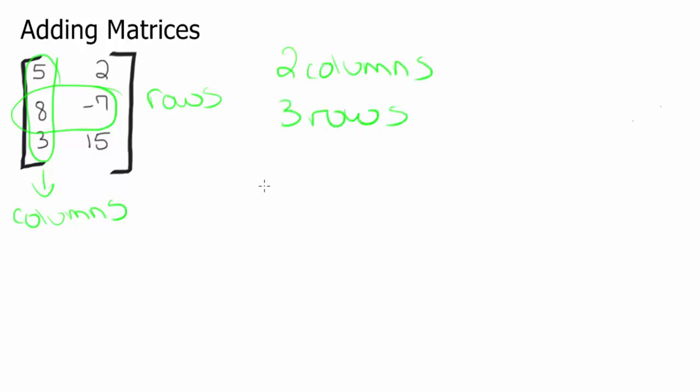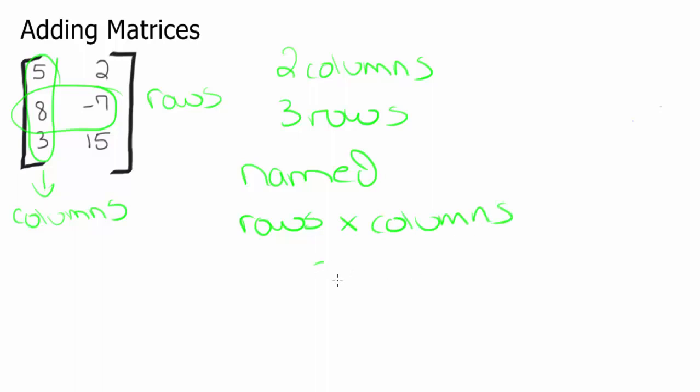They are named rows by columns, so this would be considered a 3 by 2 matrix.